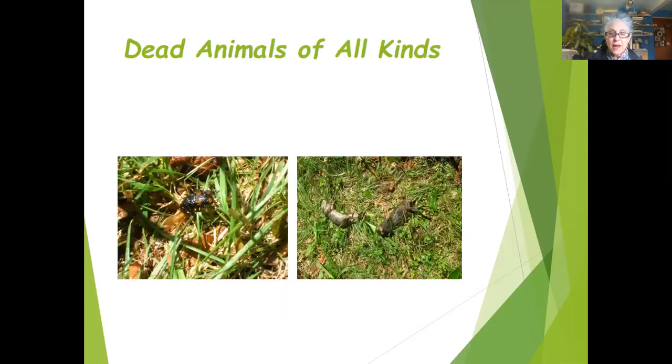Dead animals on the ground surface, like insects or mammals or organisms and animals of many different types, all animals on the planet, once they die, they slowly decompose through the action of microorganisms and add to the organic matter of the soil profile.